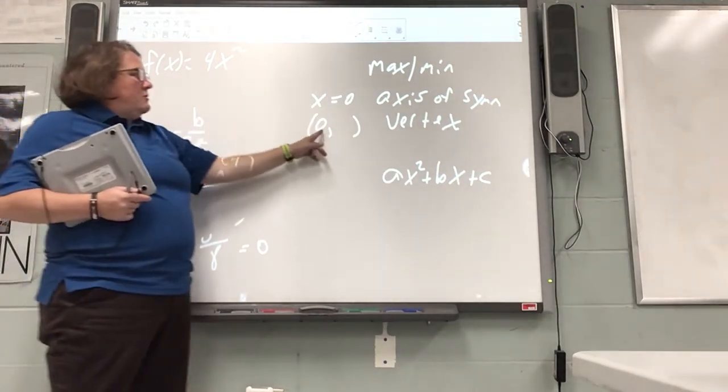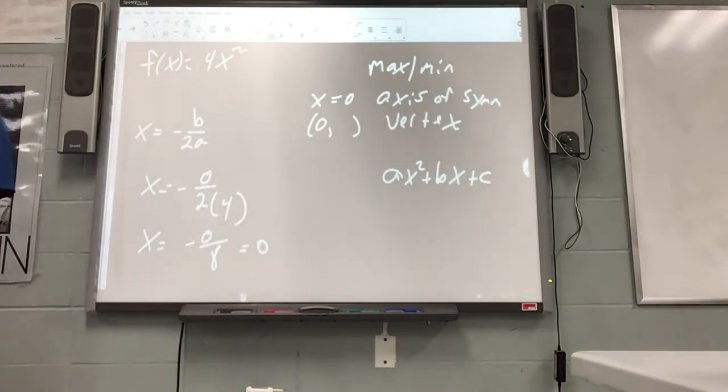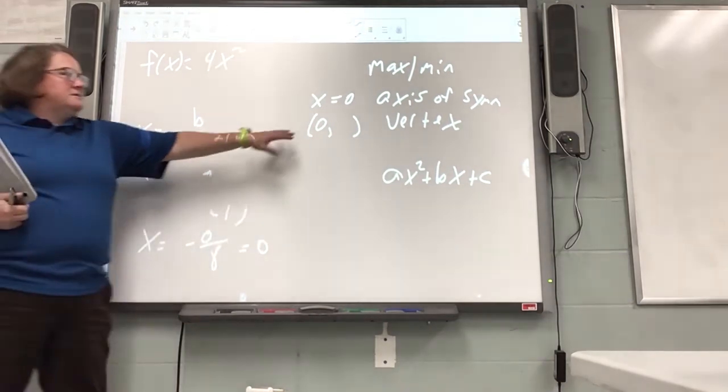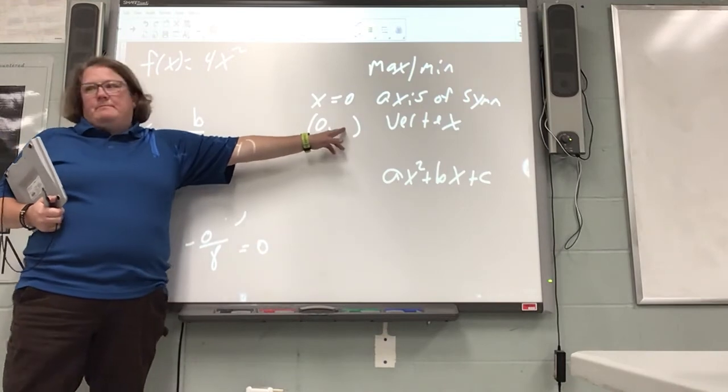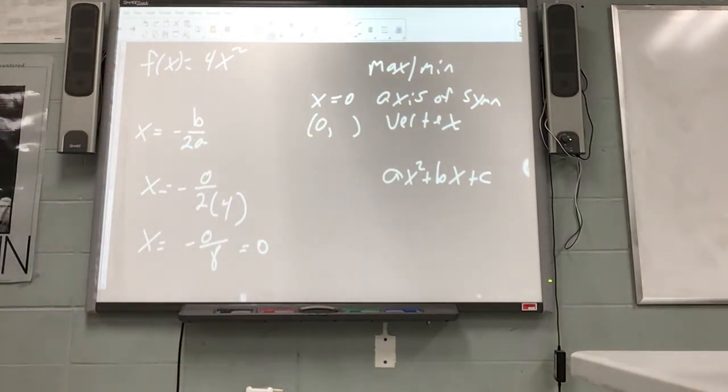Once we got the x of our vertex, what do we do with that to get the y? Plug it in. Very good. It goes in where the x is. So my y is going to equal 4 times 0 squared. Well, 0 squared is 0. 0 times 4 is 0. So my vertex is at 0, 0.